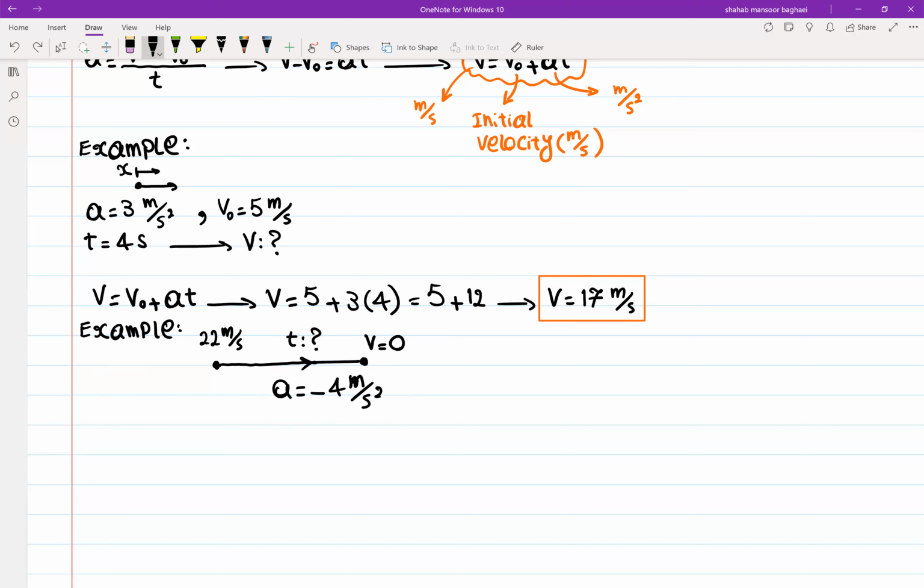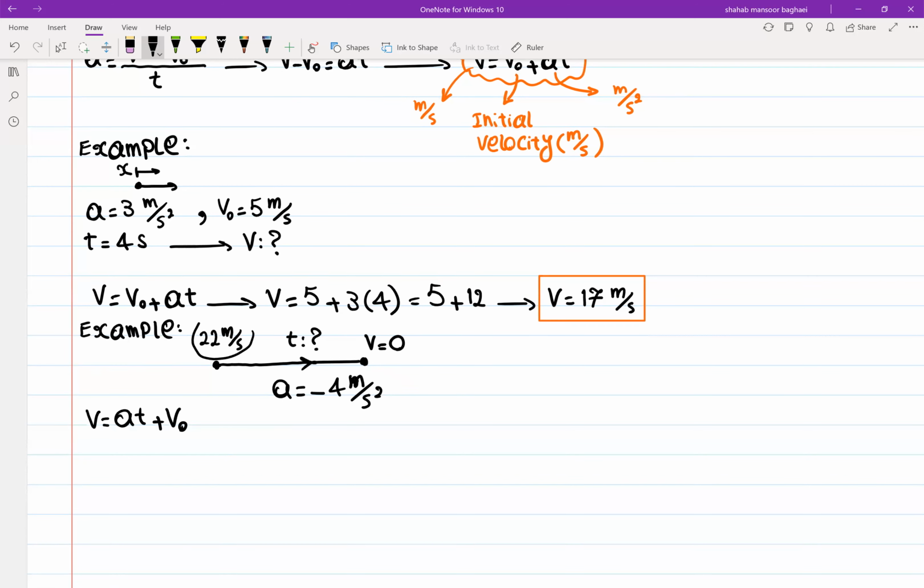Okay, you know we have a formula. V equal to at plus V0. According to this figure and according to the condition, what do you think regarding initial velocity? What is the initial velocity of this particle?